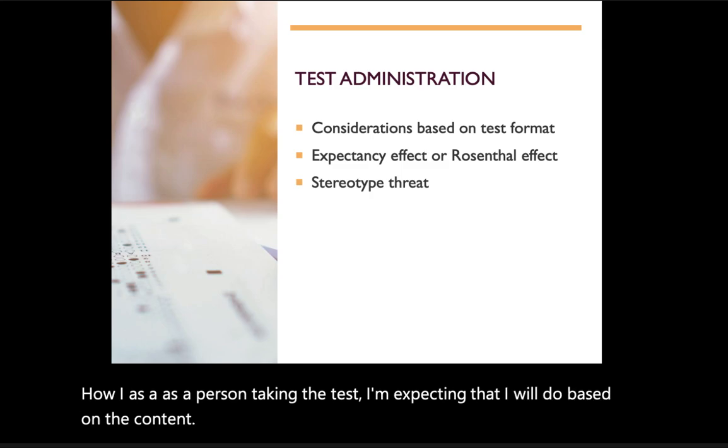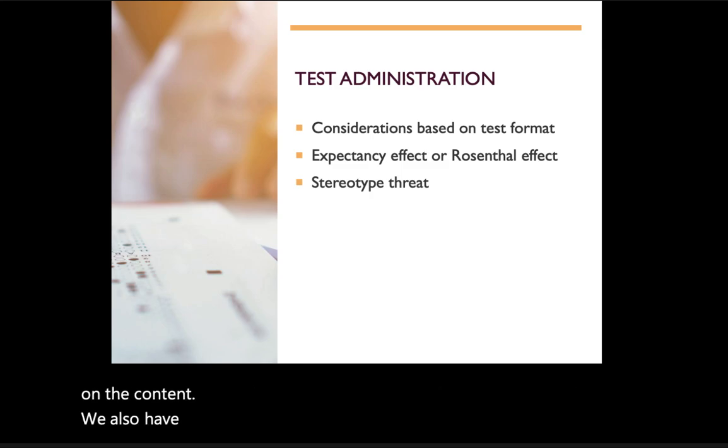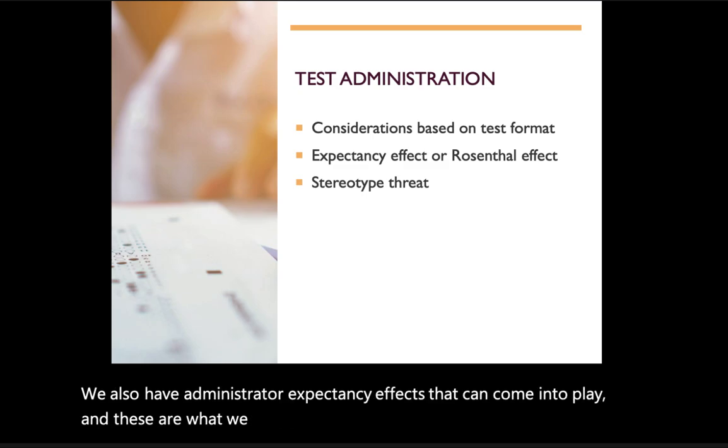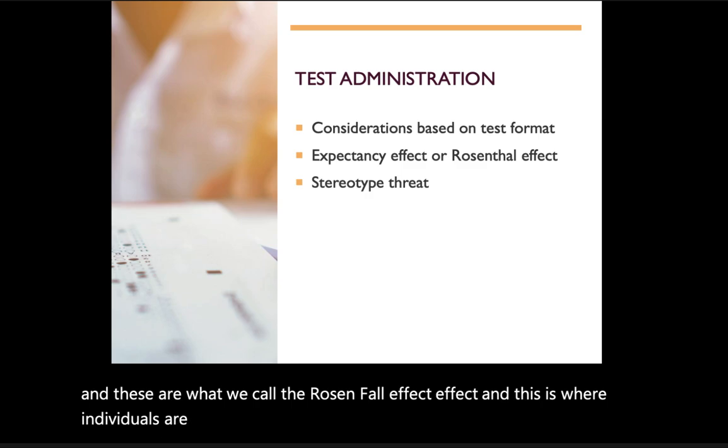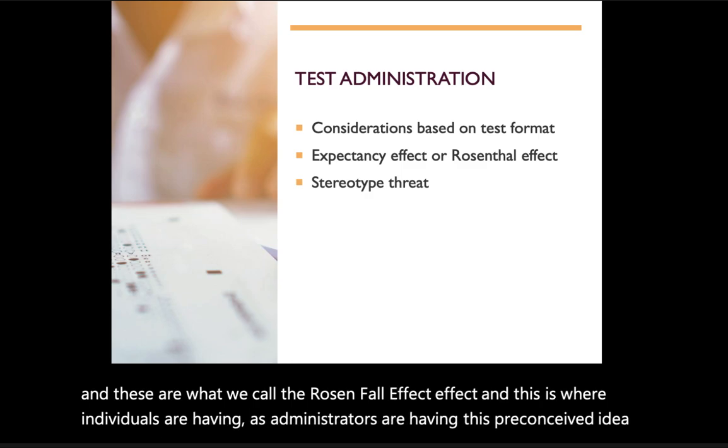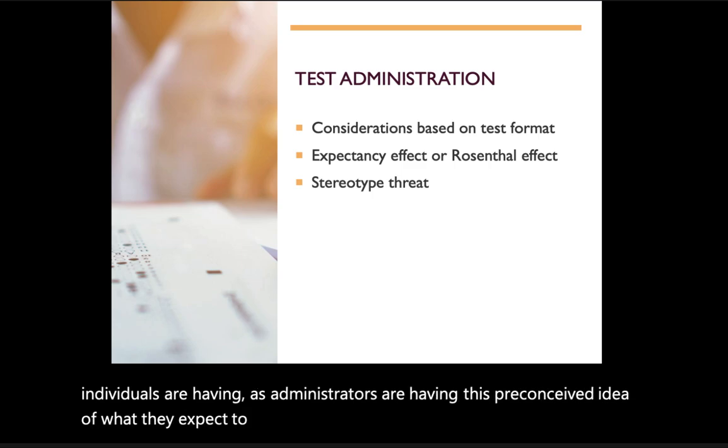We also have administrator expectancy effects that can come into play. And these are what we call the Rosenthal effect. This is where individuals, as administrators, have a preconceived idea of what they expect to find out of an assessment.